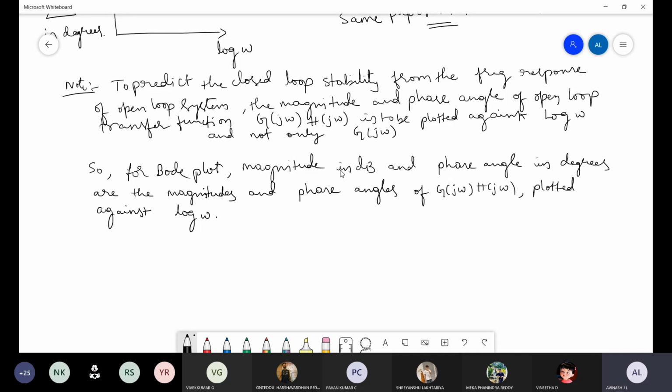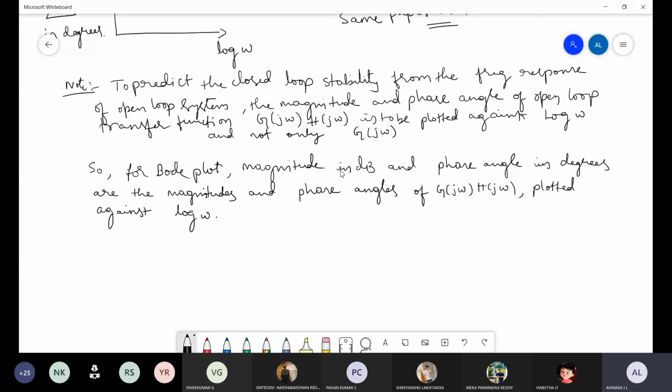This is the first and somewhat important understanding with respect to the Bode plot.